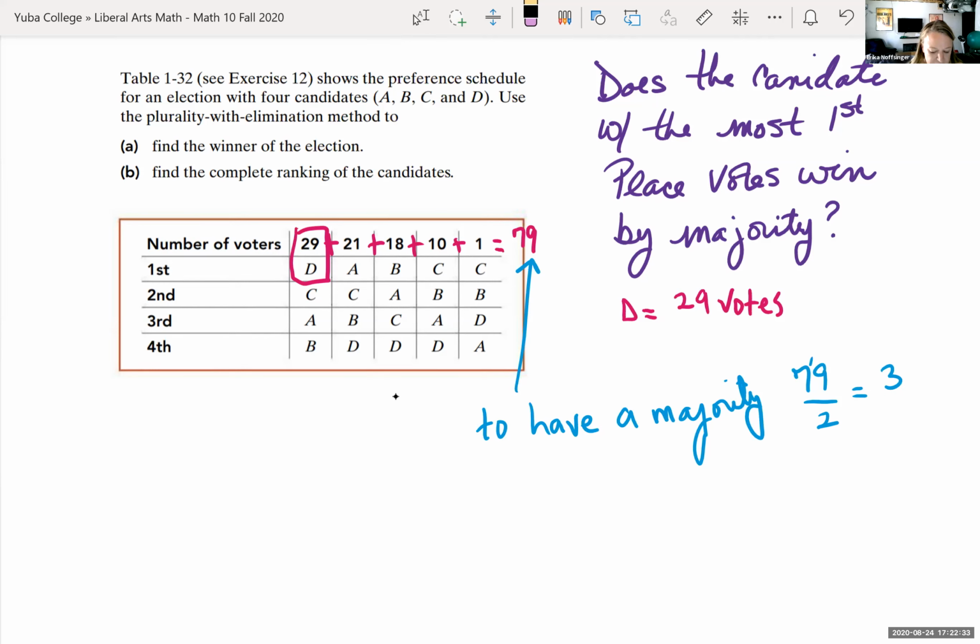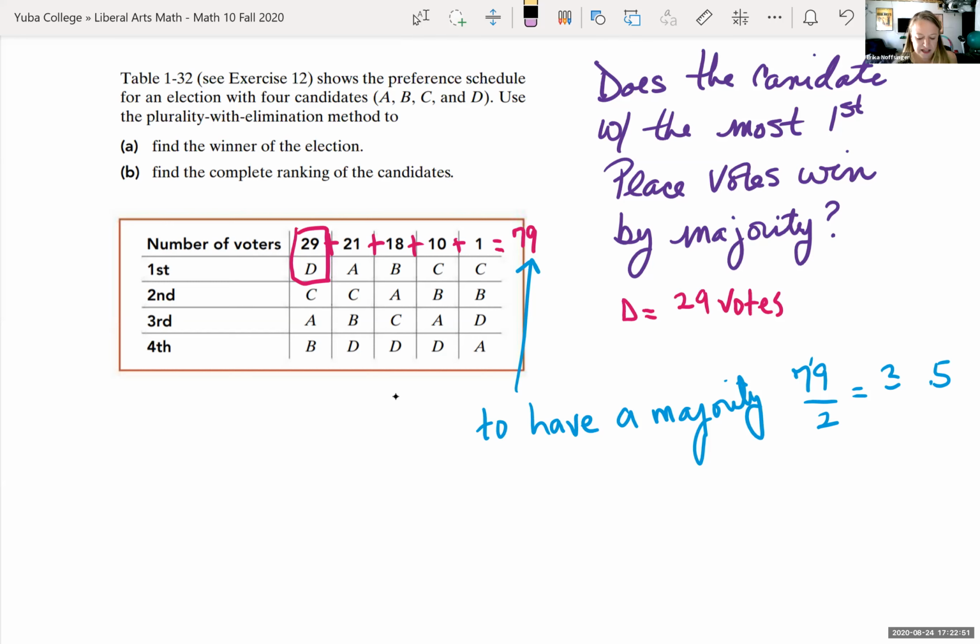Carry my 1 that's left over. 2 goes into 19 9 times, you're right. So 39.5.